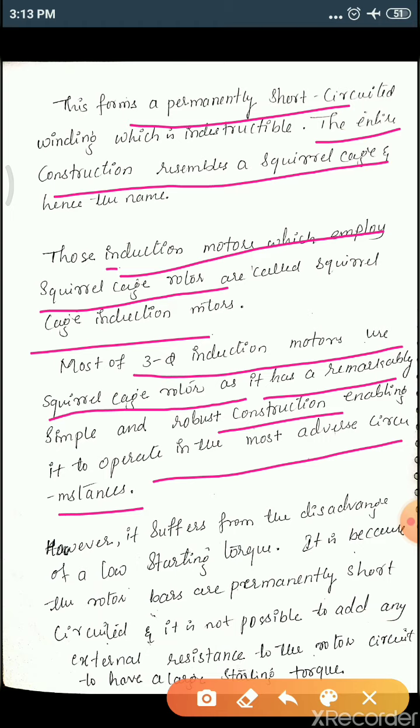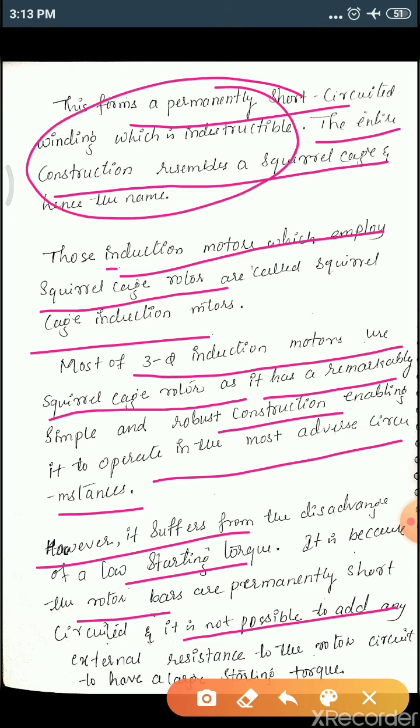As we know, it has disadvantages also. It suffers from the disadvantage of a low starting torque. It is because the rotor bars are permanently short circuited and it is not possible to add any external resistance. As we have said here, the conductor bars are short circuited at the end by end rings.